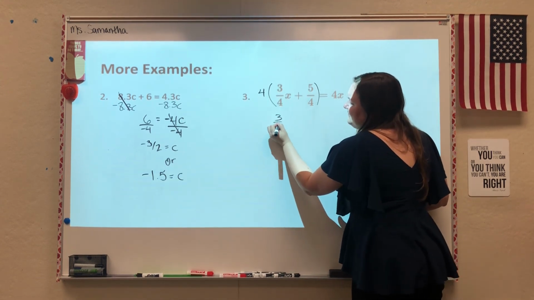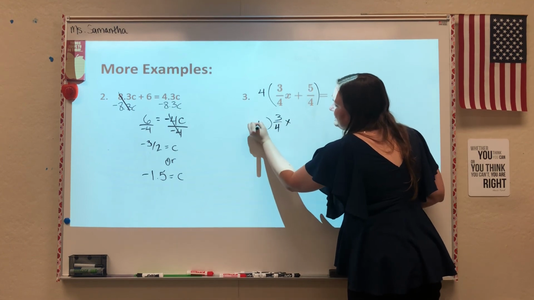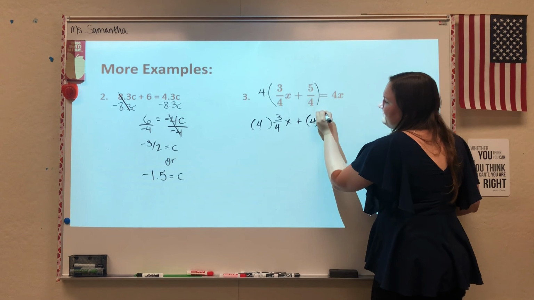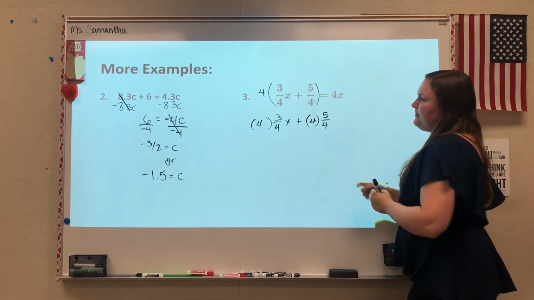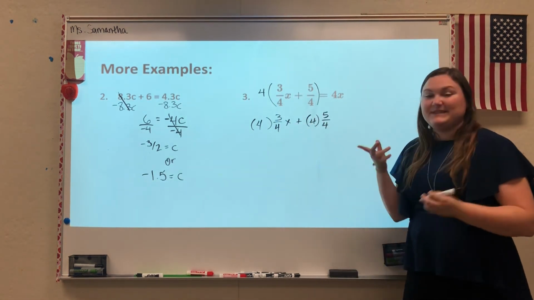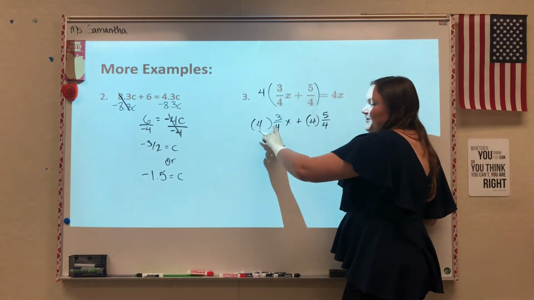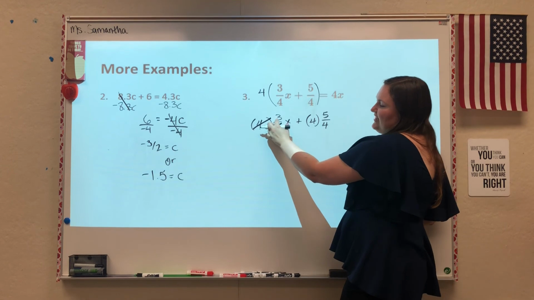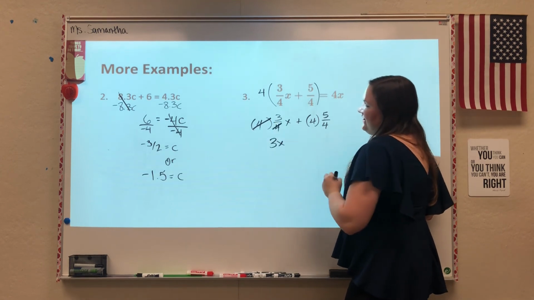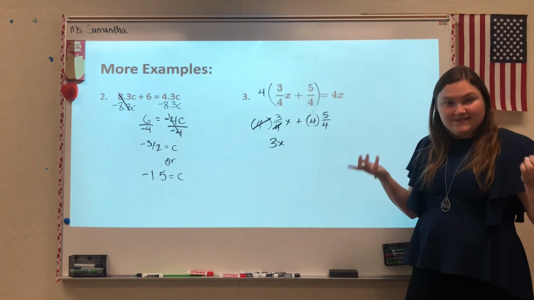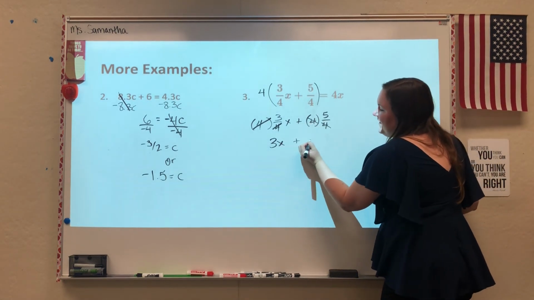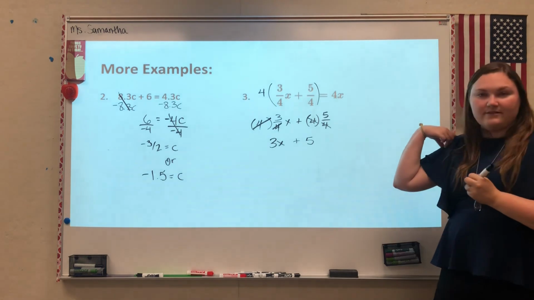A different way you could see it written is something like this. Instead of putting one big parenthesis, I just separated it, but the idea is the same. Times 4 divided by 4, those 4's will cancel out, which just leaves you with your 3x. Over here, the same idea. Those 4's cancel out, and you're just left with the 5.